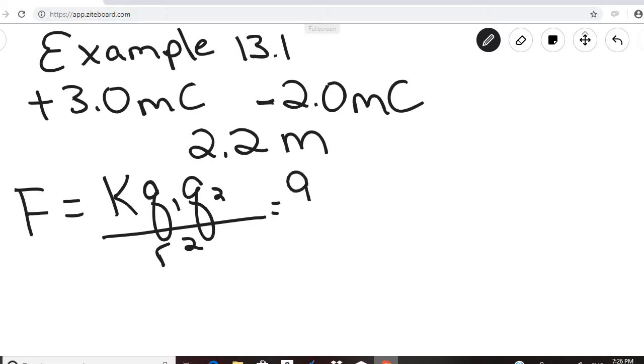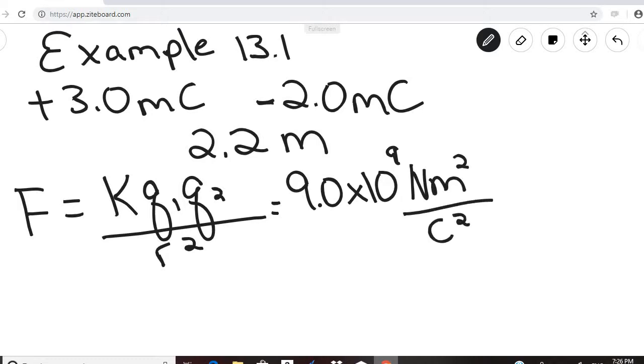K is 9.0 times 10 to the 9th Newton meters squared over Coulomb squared. One of our charges is 3.0 millicoulombs, so we've got to get that into coulombs.